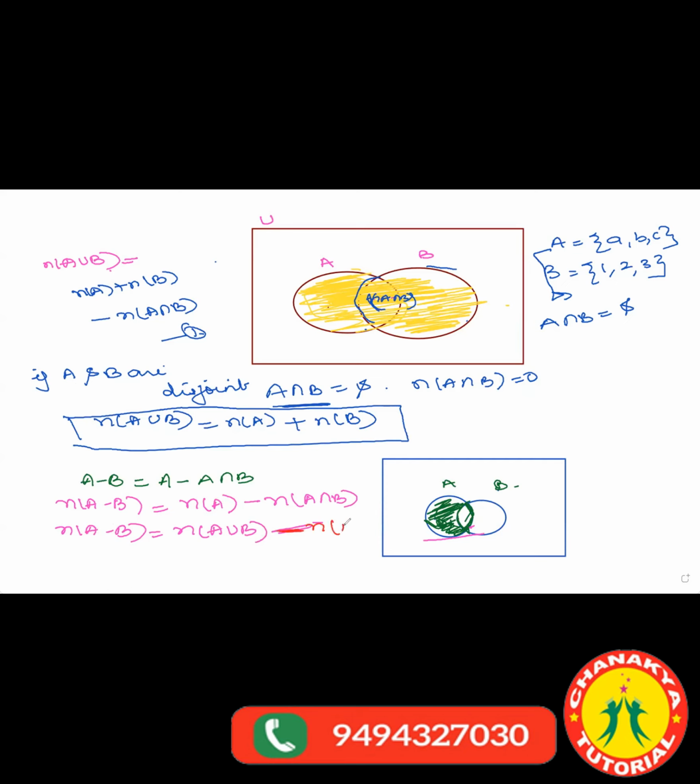So this is your A union B set, this whole. And you are subtracting this part, set B. Then it will be A minus B, this set. Right? Understood?